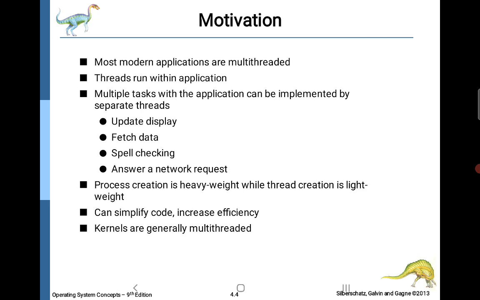Each one of them has its own set of data. While the editor has the document, we will find that the spelling checker has the dictionary and the document, while the thread that is saving the document has the data of the document itself to save it to the hard disk. Each one of these is sharing some resources, while having another set of resources that are not shared by other threads, depending on what function that thread is doing.